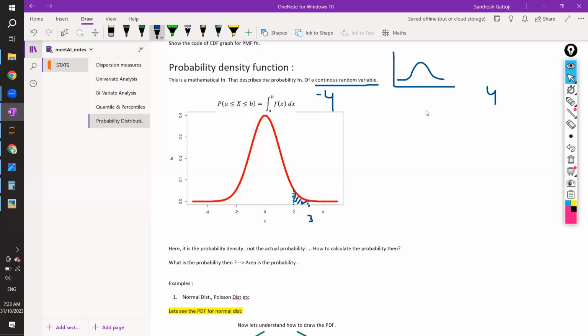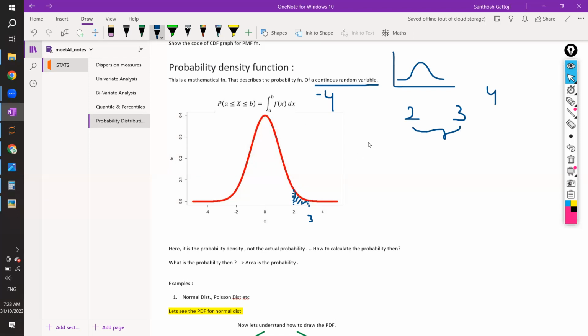But since we cannot find the probability for each and every value because an infinite number of values are possible, if you want to find the probability of this random variable falling between 2 and 3, here we are going for a range.